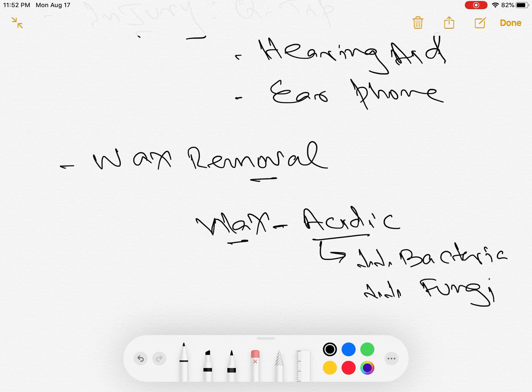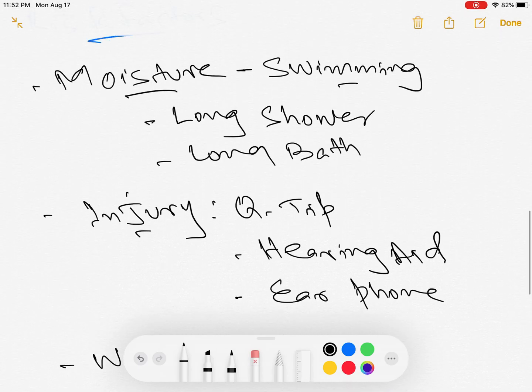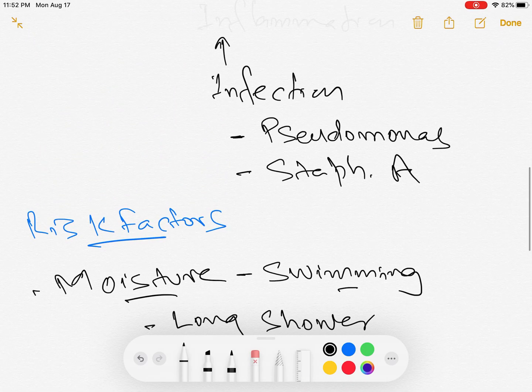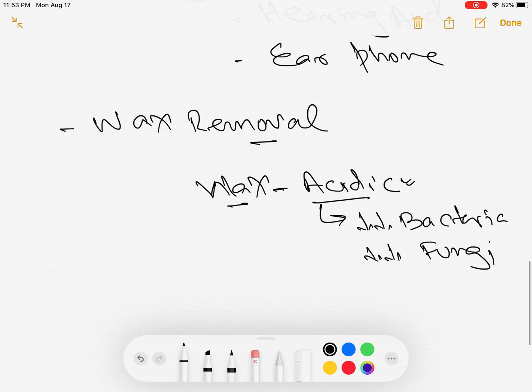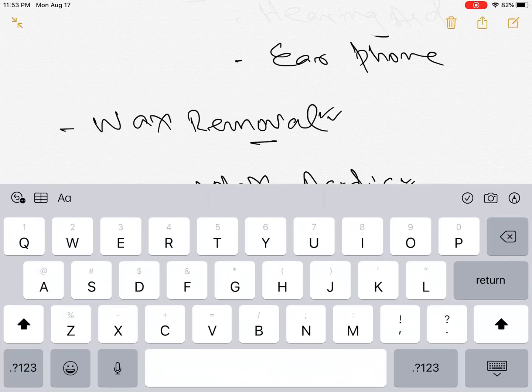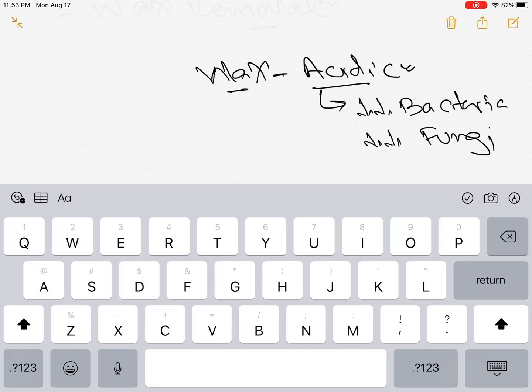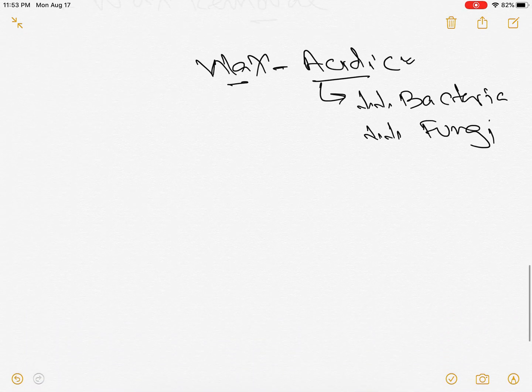Most importantly, this acidity decreases the growth of these two common bacteria, Pseudomonas and Staphylococcus aureus. So people who like to remove their earwax all the time are at higher risk for getting otitis externa.